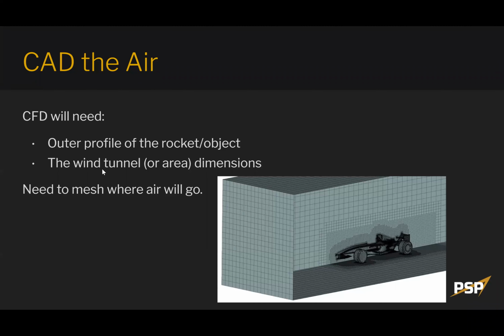You need to CAD the outer dimensions, and then you need to CAD the outer profile of your rocket. You don't need the insides, just the outside. And then you'll mesh everywhere in between. You can kind of see here the cutout. Outside is a big box where the car sits inside, and you'll mesh all the parts inside of it.